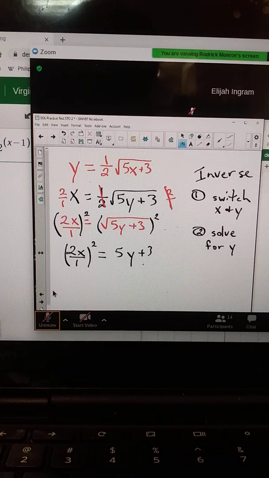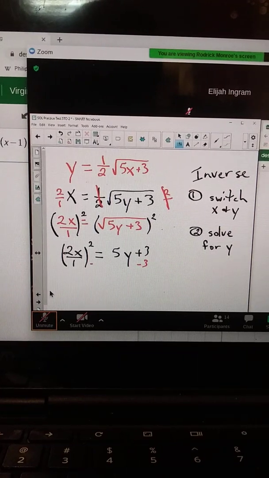Now we subtract 3. So now we're left with 5y equal to, okay.